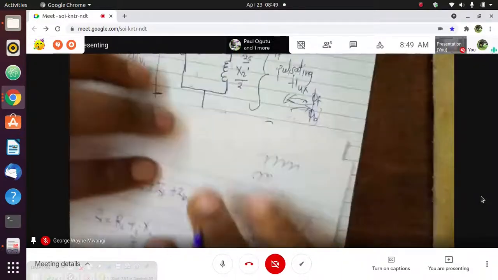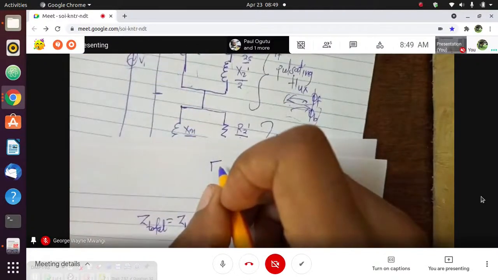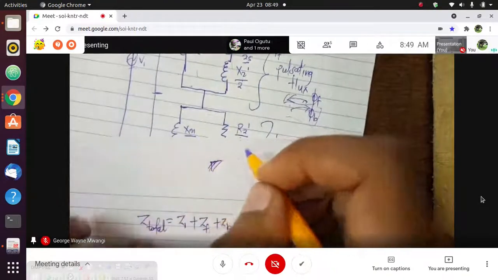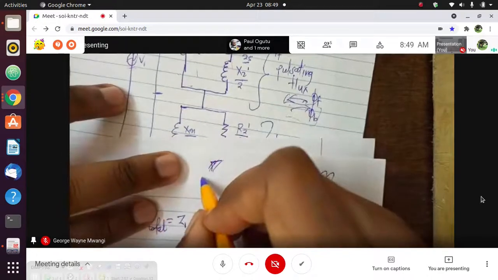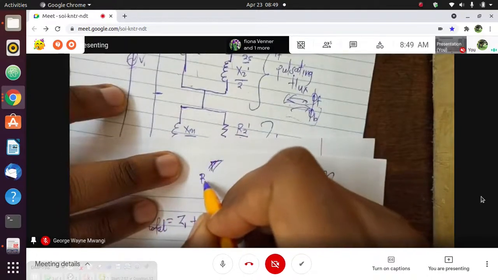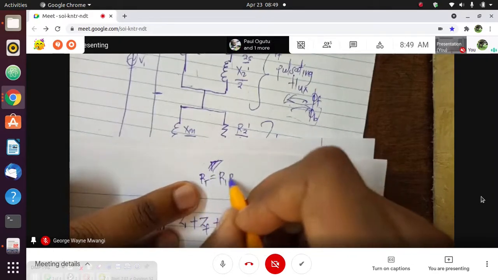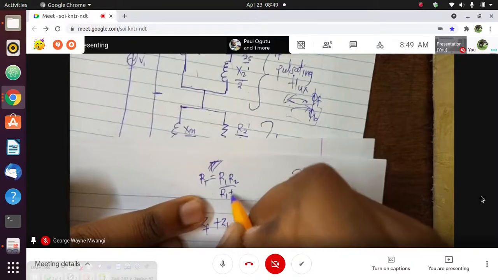Remember, when you have resistances connected in parallel and you want to find the total resistance in that circuit, and you only have two of them, we find it by the product over the sum of those resistances, R1 plus R2.